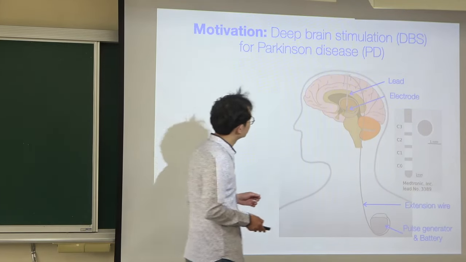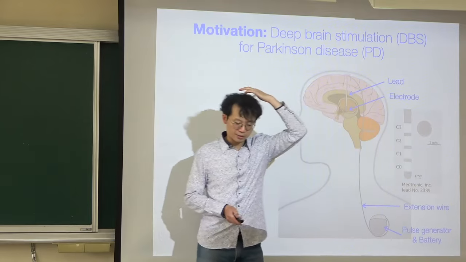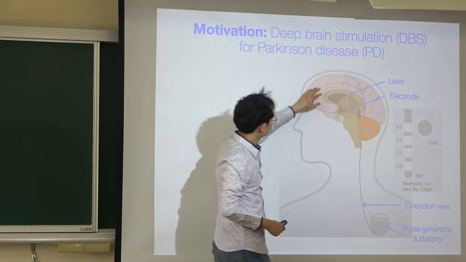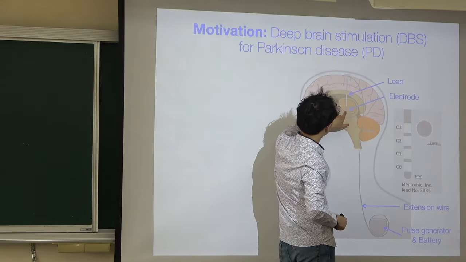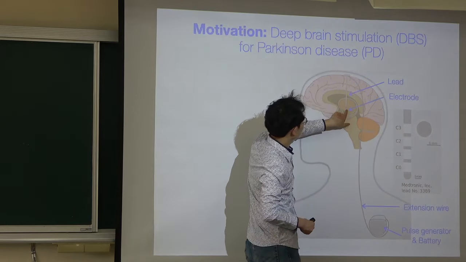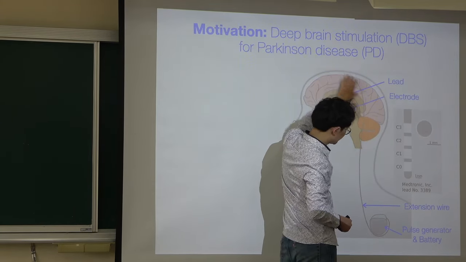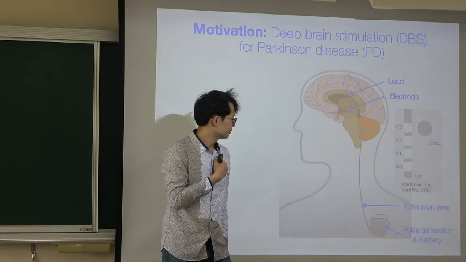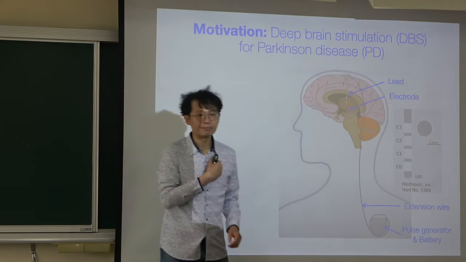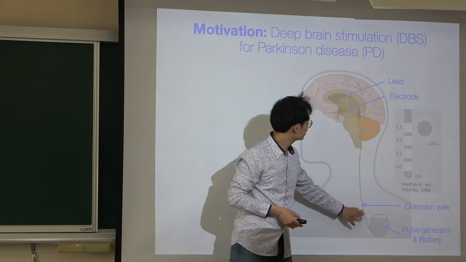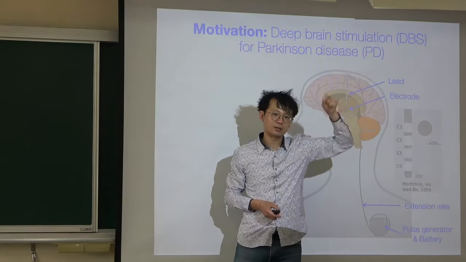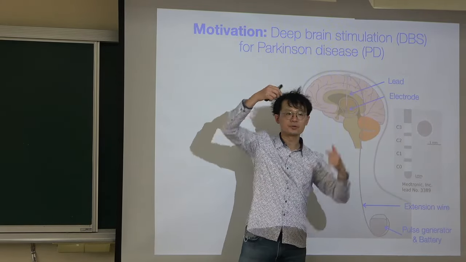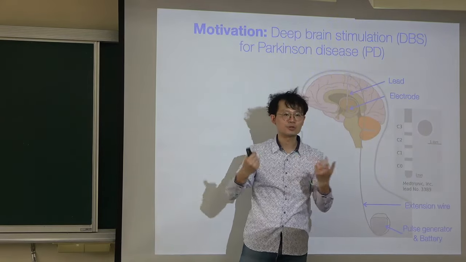And what you do is you will insert a needle, like you will open a hole on your scalp, and you insert a needle deep into your brain, and going through the thalamus and touch the area called subthalamus nucleus, and you will put a battery maybe below your clavicle, and this pulse generator battery will generate shocks, continuous shocks to stimulate your brain. And as you can imagine, you have to have a needle going through your cortex, going through your brain, which is not very fun.